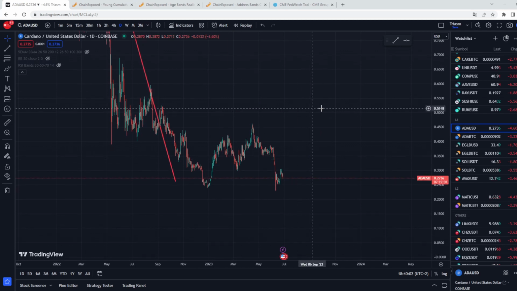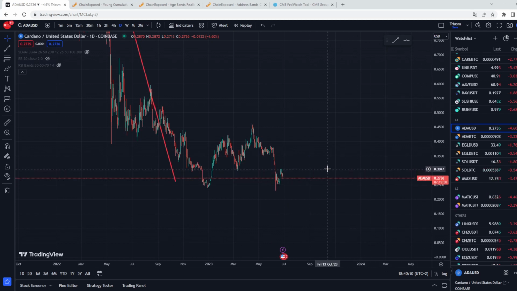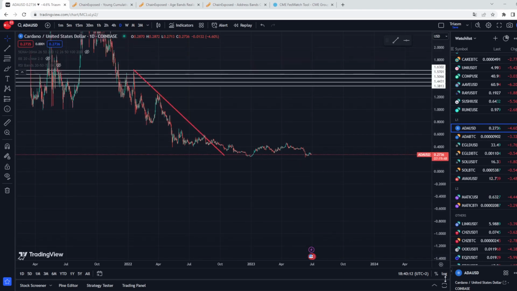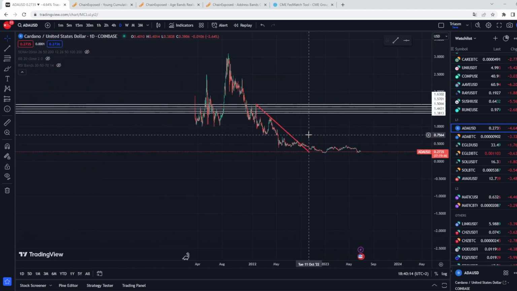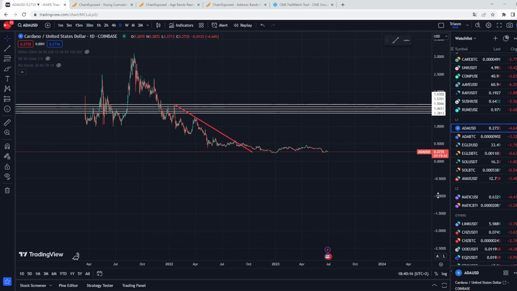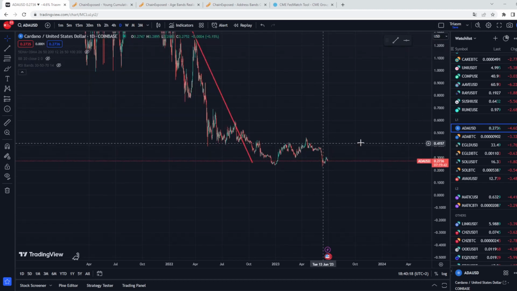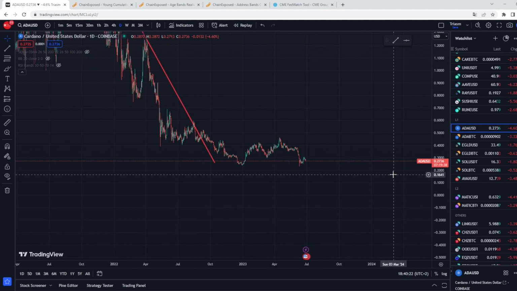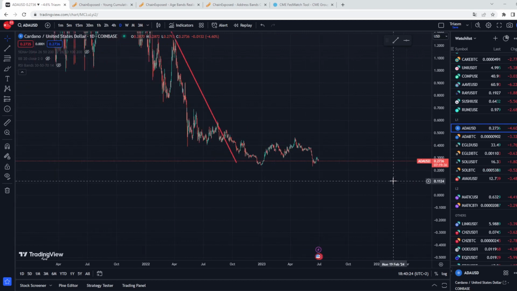Ada, Ada. This is more or less the area where I would enter, because at $3 it wasn't, even at $1 and a half it wasn't, a buy, and this is more or less the price that has value for me. Probably 10 cents will be better for ADA.